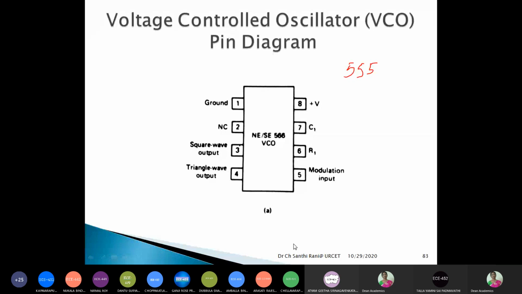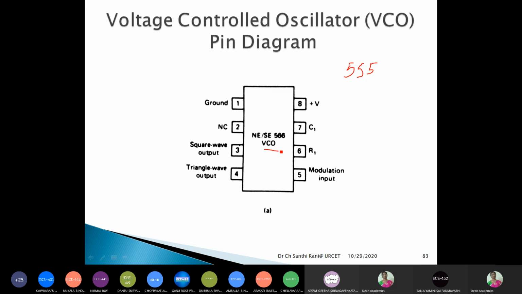Now we have studied various analog ICs, right? In the beginning we studied 741 and 555 timer, then 565 PLL, then this is 566. Whenever we learn about any IC, we see its pin diagram. So let us see the pin diagram of this 566 voltage controlled oscillator.